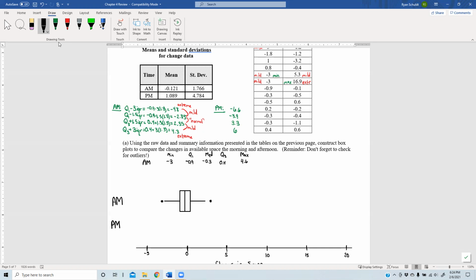Extreme outliers are the open circles. So then at 4.6 for AM, I need an open circle. Okay, so there's my AM plot.